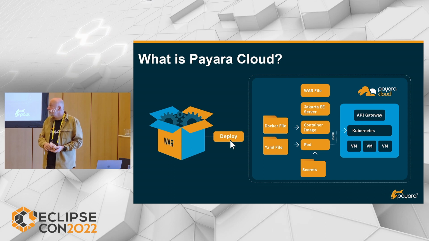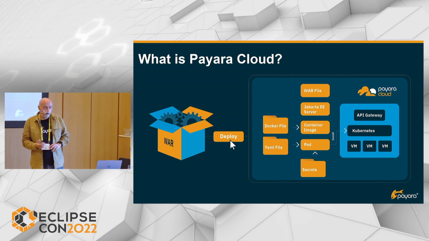Then once it's done that, it takes your WAR file. We have a container image which is layered up with the runtime, and then we put a very small layer on top, which is just the WAR, build that into a container image, create the pod definitions, load that into the AKS service, and then execute it and run.